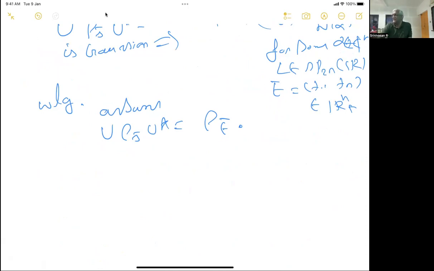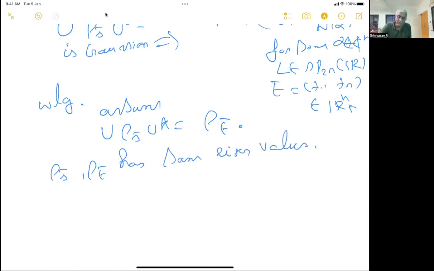So we will consider the eigenvalues first. Rho S bar and rho T bar have the same eigenvalues. It just means those two sets are equal, nothing else.